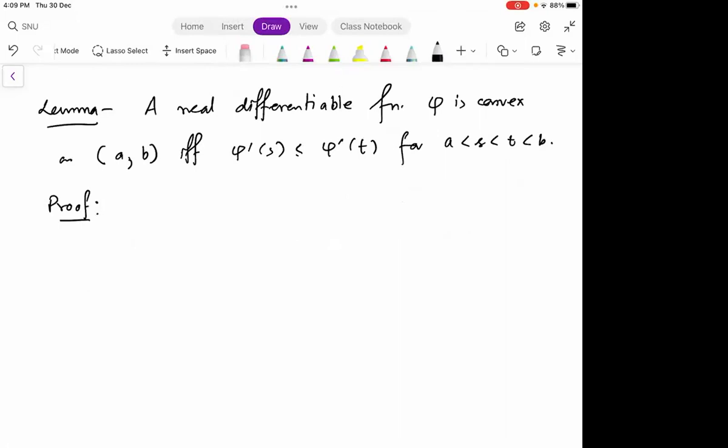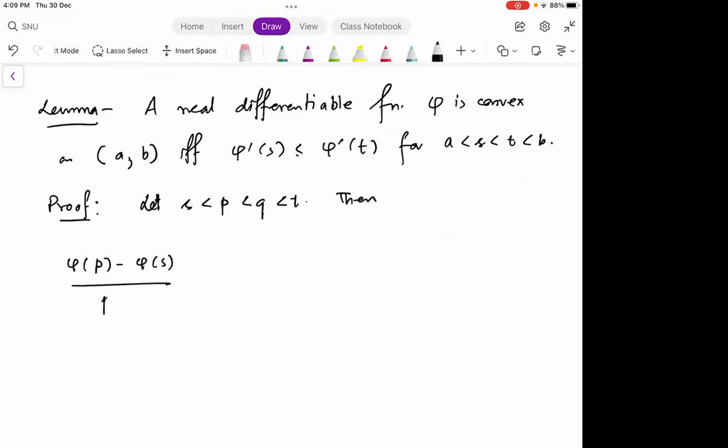Okay, so the way you prove the lemma is not very difficult, but it's a little exasperating. Take the points S, P, Q, T. Then what we have proved, P is the point after S, right?